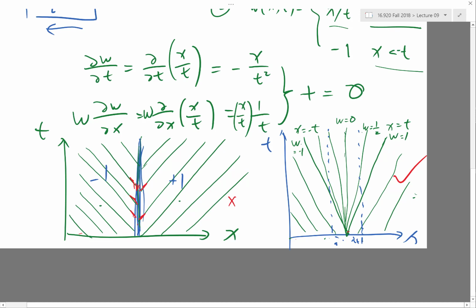Should they decrease or increase? Should the volume average in cell I increase or decrease? Decrease, right? So in this region it is -1, in this region it is +1, and in between it's going to become smoother and smoother.